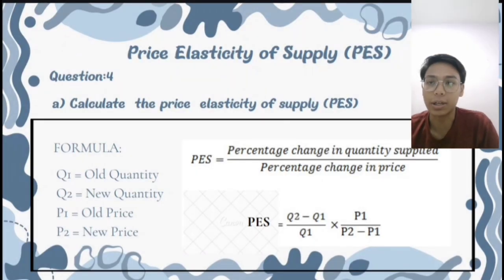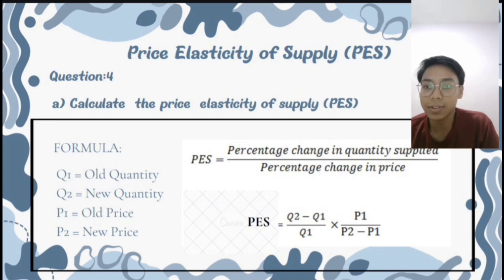For question 4, there are two formulas I will use to calculate the price elasticity of supply, PES. The first one is PES, which means price elasticity of supply. The formula is percentage change in quantity supplied divided by percentage change in price. The second one is also for PES, and I will use this formula for the calculation.